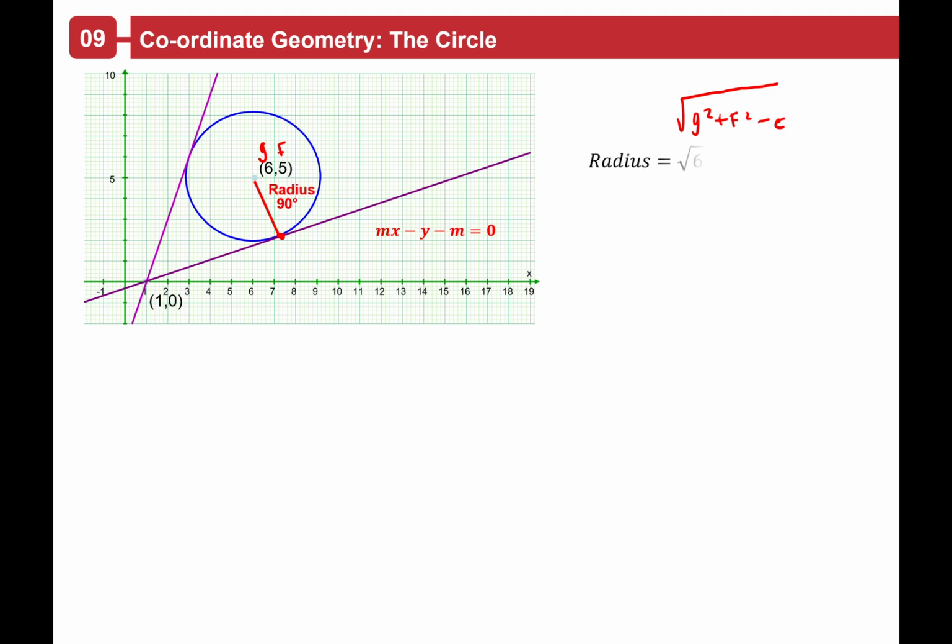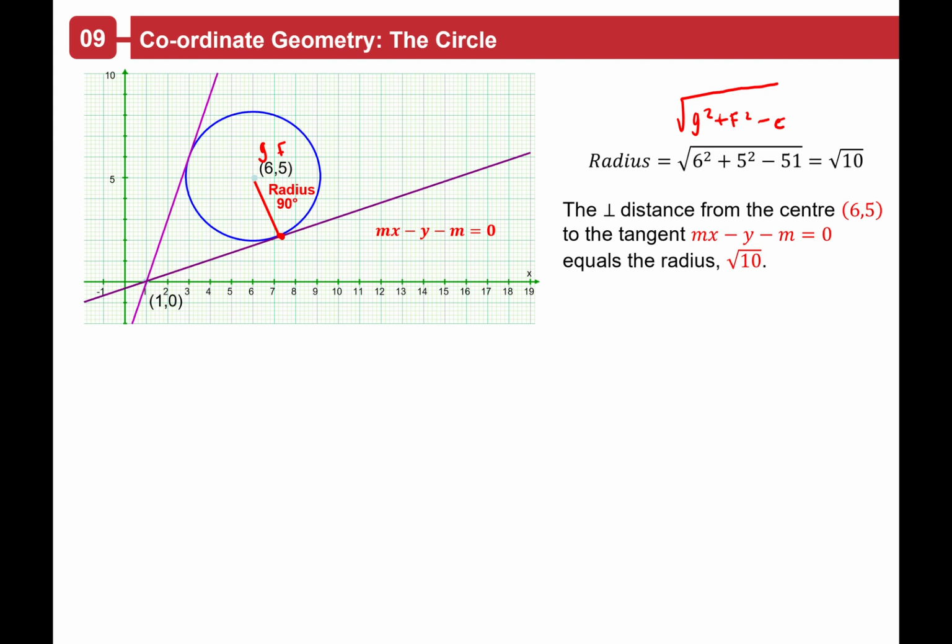Okay, so this gives us our radius as the square root of 6 squared plus 5 squared minus 51, which is equal to the square root of 10. Therefore, the perpendicular distance from the centre of your circle 6, 5 to your tangent mx minus y minus m is equal to root 10.